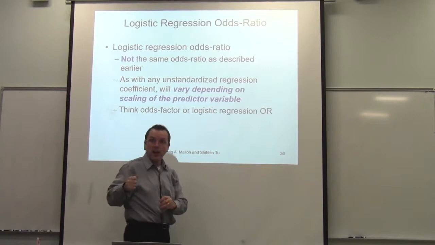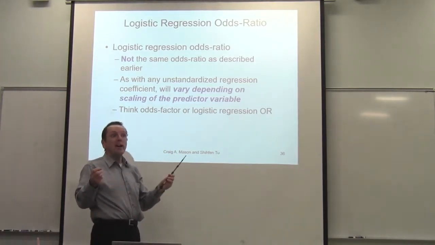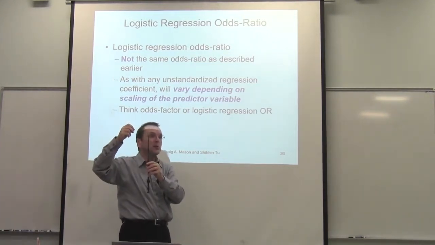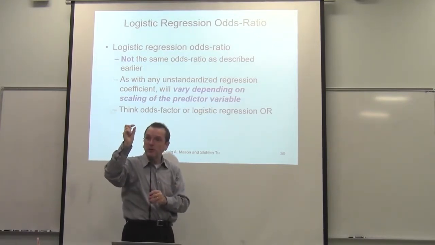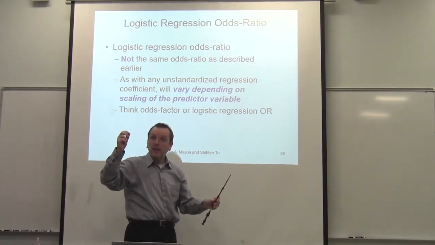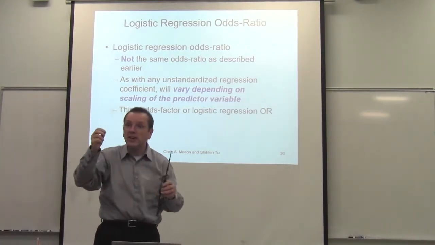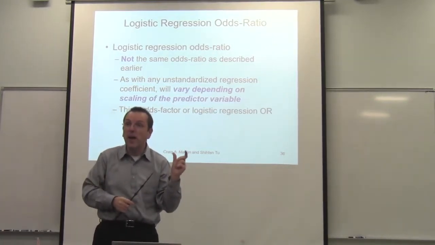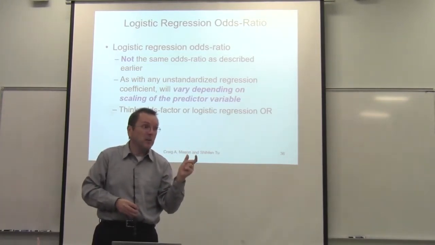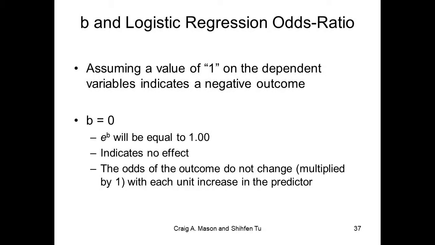But what if I change my scaling to the change in the odds for one additional day in school? One day makes no difference, so the odds ratio is going to be very small because it's all tied to the scaling. So just like with multiple regression, you need to pay attention to the scaling of the independent variable when interpreting this.